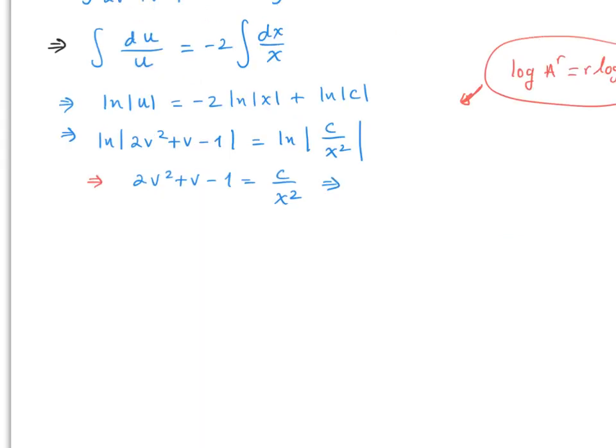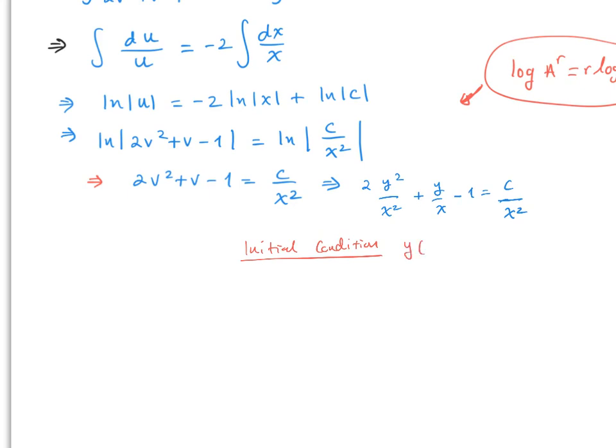And then we get 2 y squared over x squared plus y over x minus 1 is equal to c over x squared. Now, if we plug in the initial condition, remember the initial condition is going to give you the value for c.